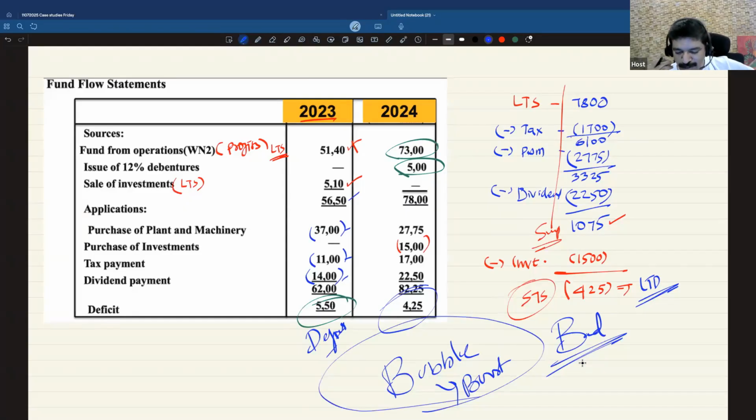It communicates a lot of stories, because for the balance sheet, P&L and all, you have to use the information, corroborate, relate, only then you can make anything out of it. But this is one statement which will communicate a lot of things: their decision-making strategies, their strategic financial management, whether they are making financial mismanagement, whether they are diverting, whether they are smart in their investment decisions. Everything will come to light when you read this fund flow statement.